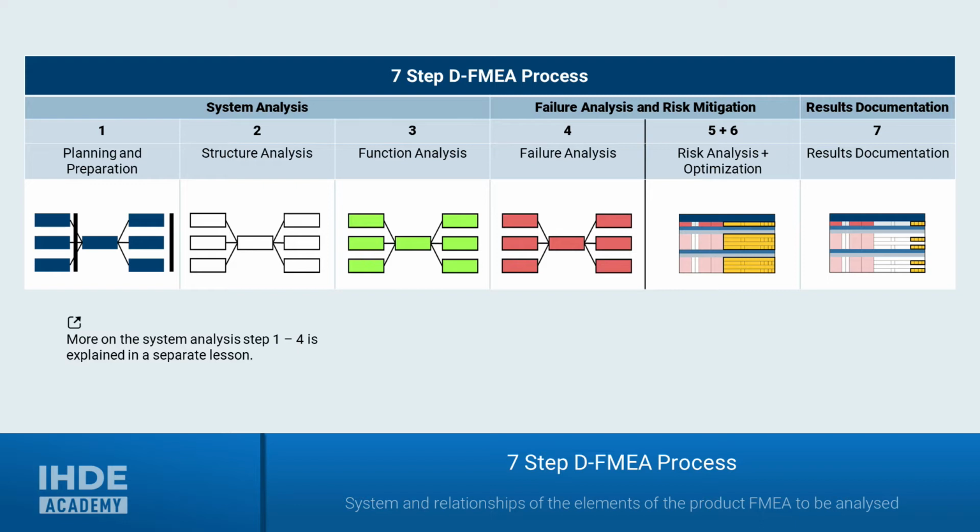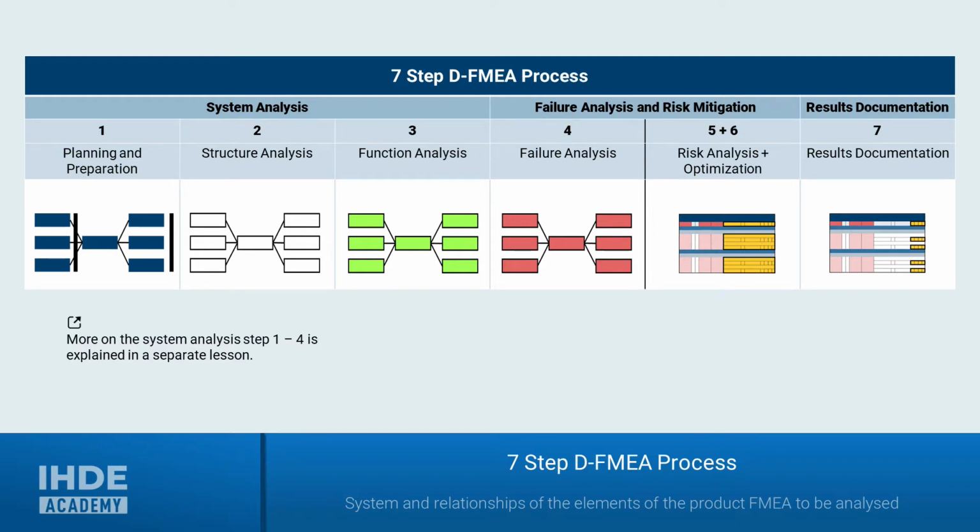However, before we get to the FMEA form to make the assessment, let's briefly state where we are in the FMEA creation process. The creation of an FMEA is divided into 7 steps. Firstly, the planning and preparation, during which, among other things, the scope and limits are determined.